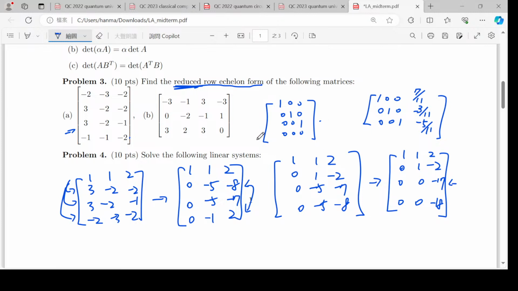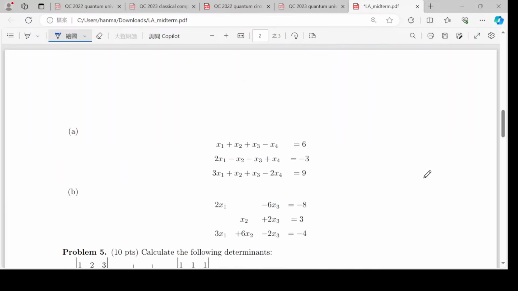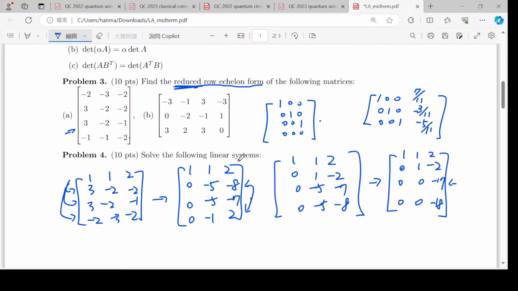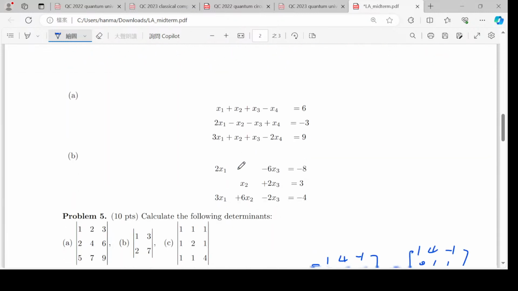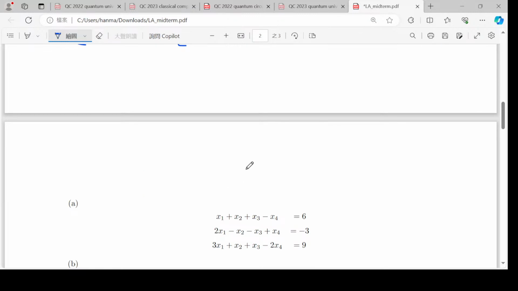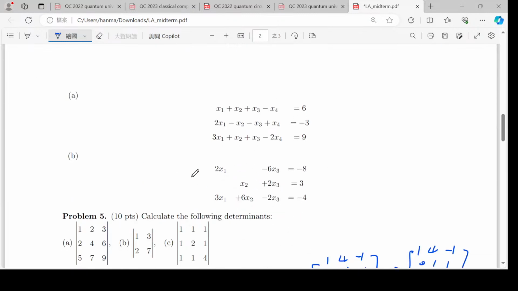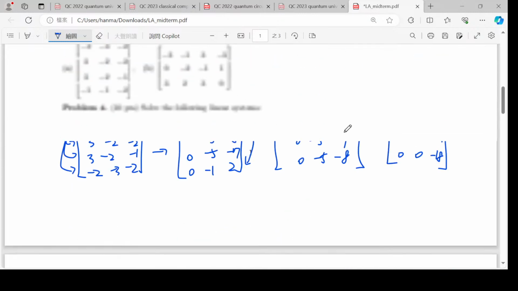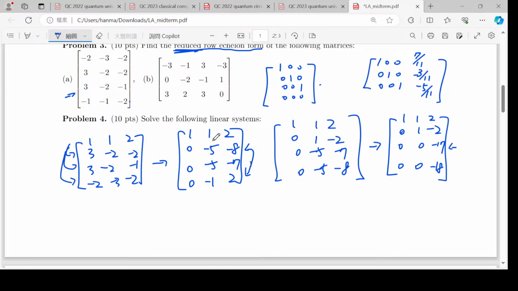So this one is easy because we have enough rank in columns, and it must go to this identity matrix like thing. Anyway, that's reduced row echelon form and Gaussian elimination. This is the basic calculation for solving linear systems. So if you are still not familiar with Gaussian elimination, please do some practice.